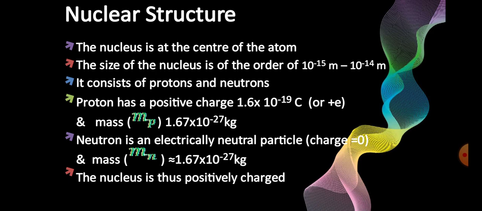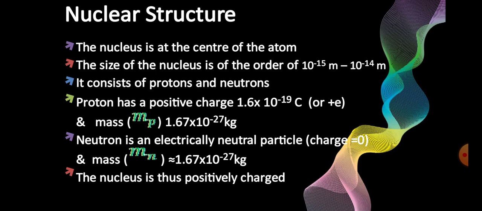Here, plus e signifies its charge is same as that of an electron but positive, and its mass is nearly equal to 1.67 into 10 power minus 27 kilogram. The neutron is an electrically neutral particle, that is, its charge is zero, and its mass is almost nearly the mass of proton. Hence, the nucleus is positively charged.